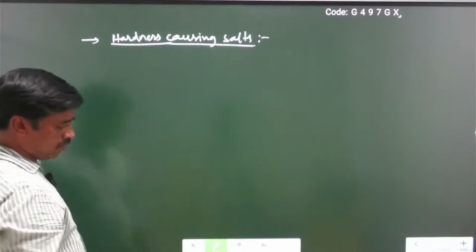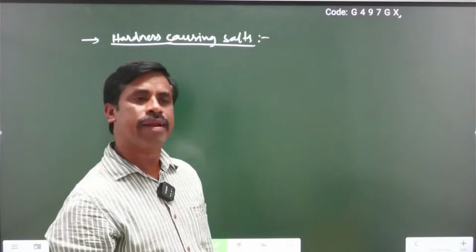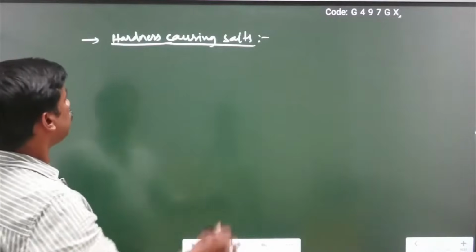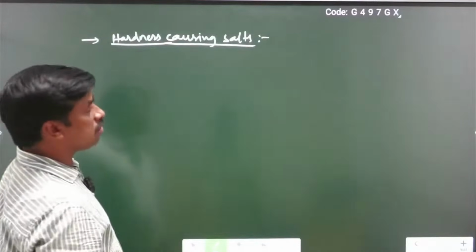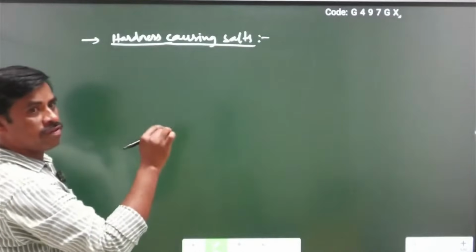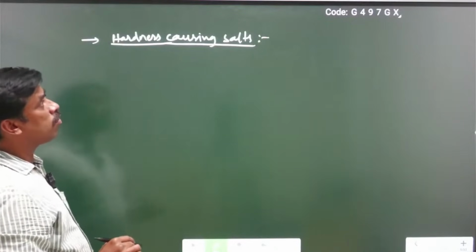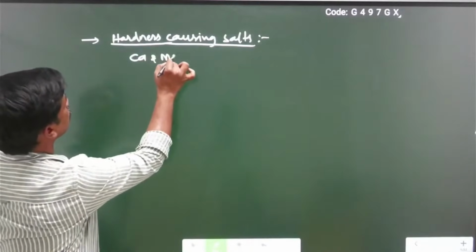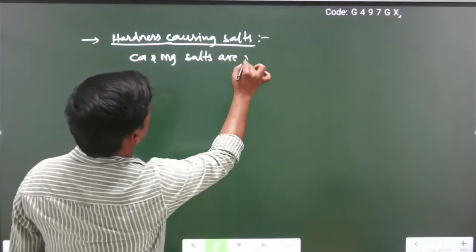What are the salts responsible for hardness? The following salts cause hardness: bicarbonates, chlorides, sulfates and nitrates of calcium and magnesium. Calcium and magnesium salts are responsible.